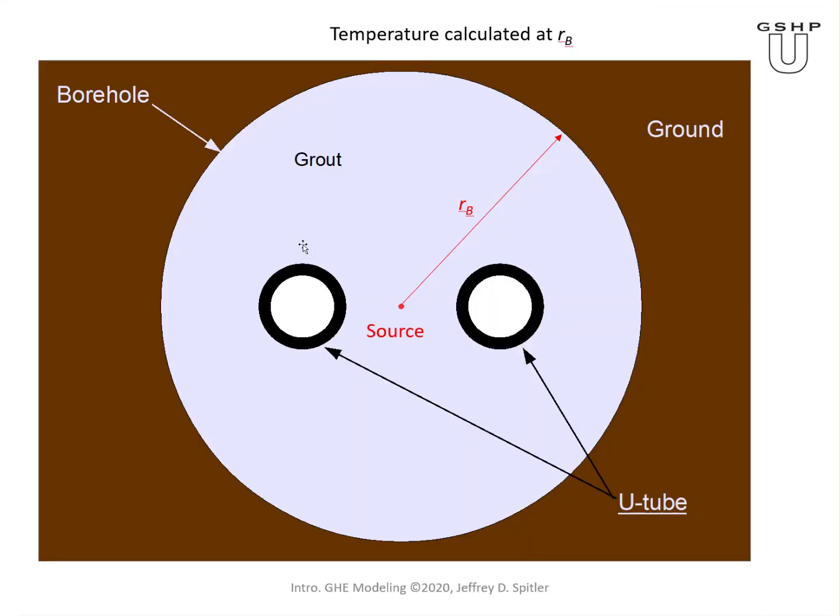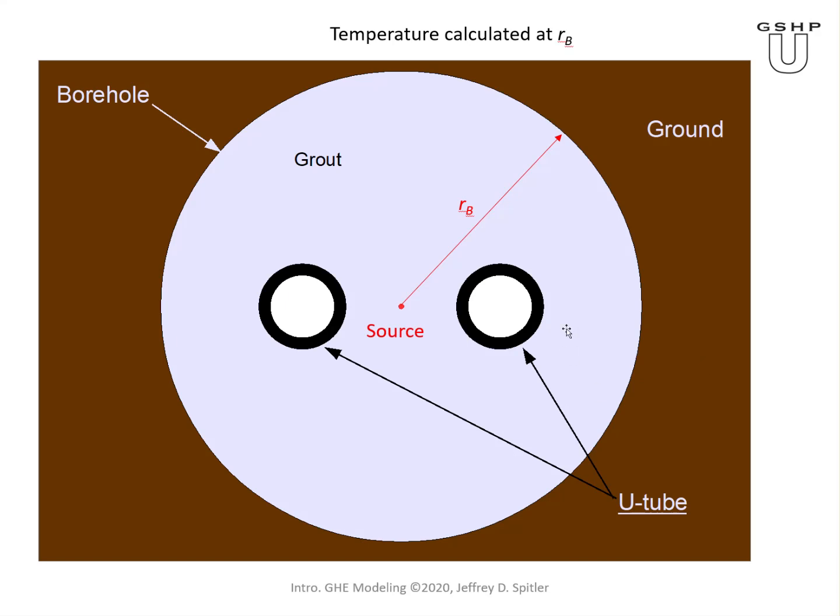Okay, so if you can imagine the analysis for a line source where we're really not looking at the end effects, then what we have in a plane is this. We have a U-tube, and here's the tube with water or water-antifreeze mixture inside. It's backfilled with some kind of grout, and then there's an outer borehole wall.